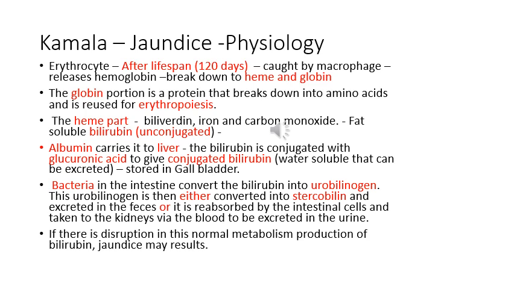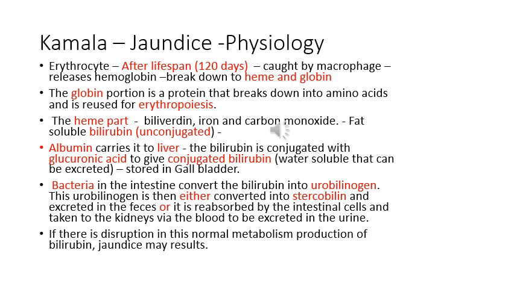It is then either converted to stercobilinogen and excreted in the feces, giving the brown color of the feces, or it is reabsorbed by the intestinal cells, taken to the kidneys via the blood and excreted in the urine, which again gives the color of urine. In this way, normally the liver metabolizes and excretes bilirubin in the form of bile.